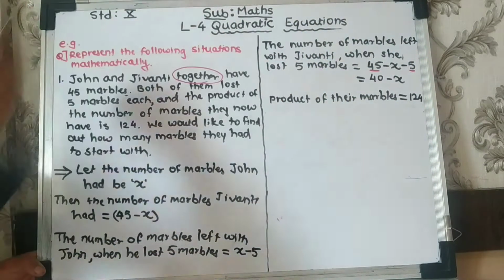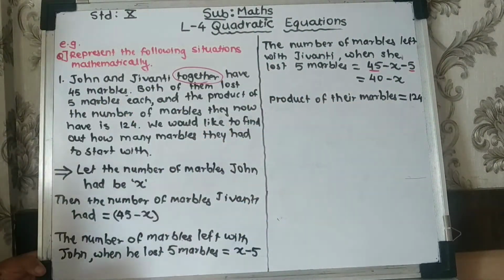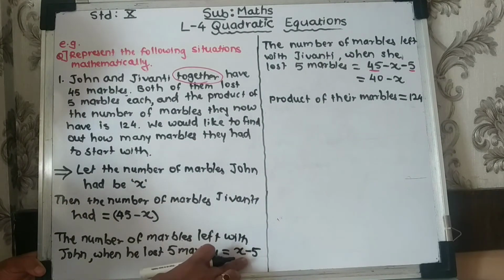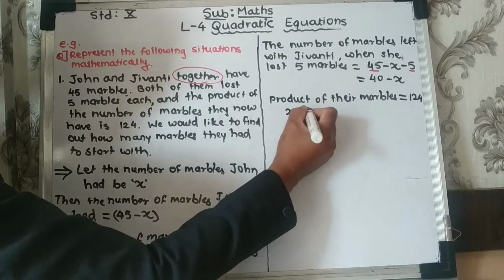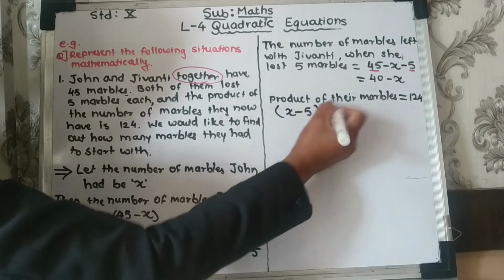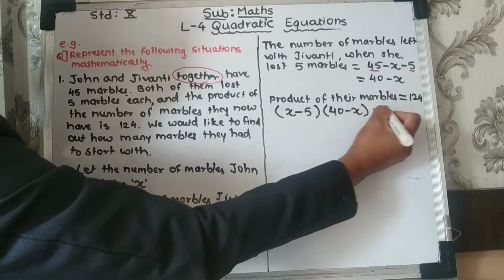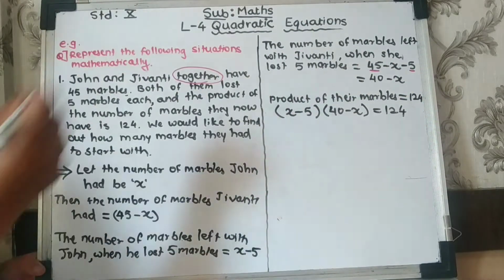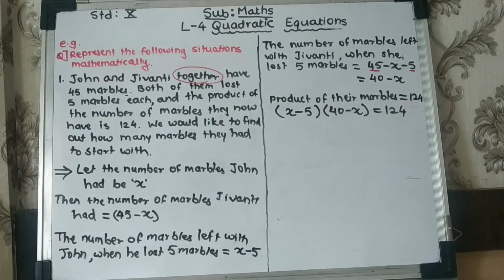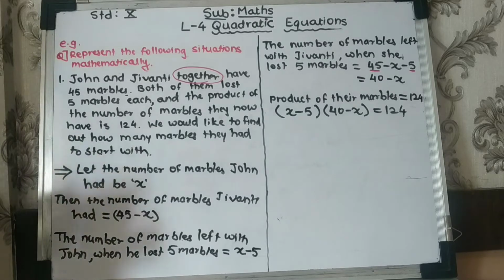The product of their marbles means John had x minus 5 and Jeevanti had 40 minus x, equals 124. Why have we taken x minus 5 and 40 minus x? Because the question itself says that after losing 5 marbles, their product is equal to 124. That's why we have written that. We have not taken x and 45 minus x.